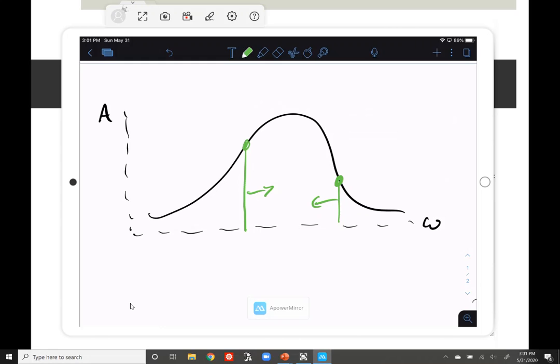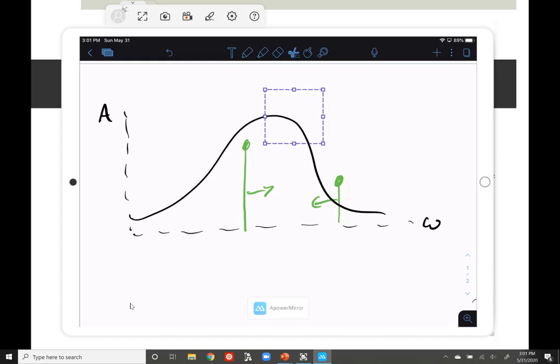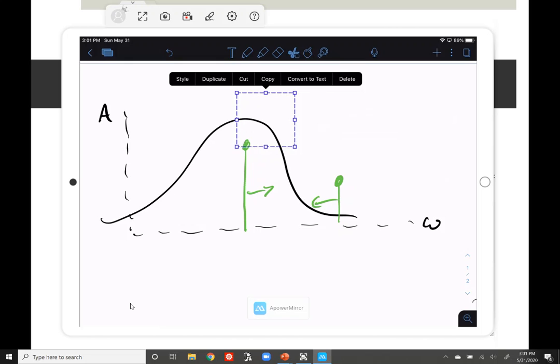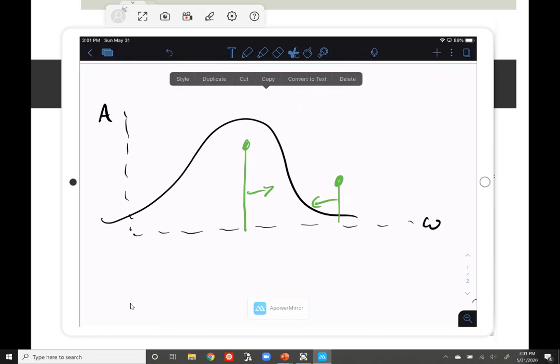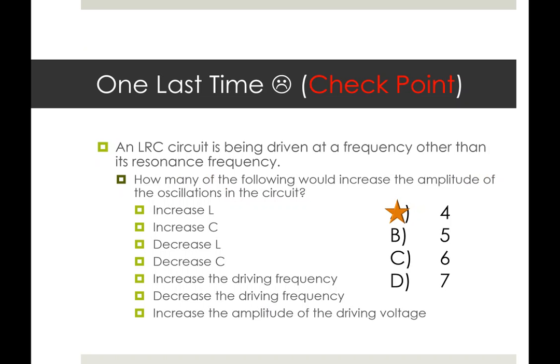Or, a clever idea is that you could keep your driving frequency the same and shift the resonant frequency. You could move the resonant frequency to be where you are and naturally match up. And there are, of course, multiple ways to change the resonant frequency. Increasing either L or C is going to decrease the resonant frequency, and decreasing it will increase the resonant frequency.